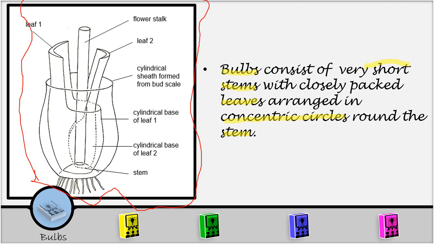Now when we have a third leaf, it will be inside the second leaf, and the cylinder of the third leaf will be inside the second leaf. So the leaves grow going outside. That is the framework of a bulb.